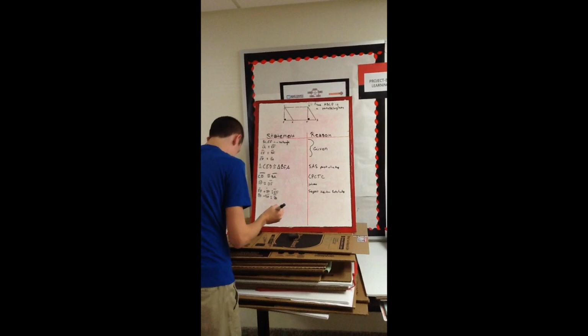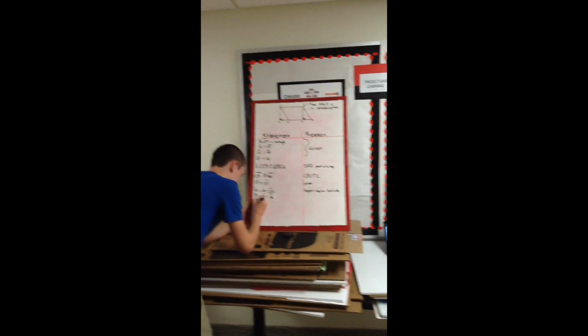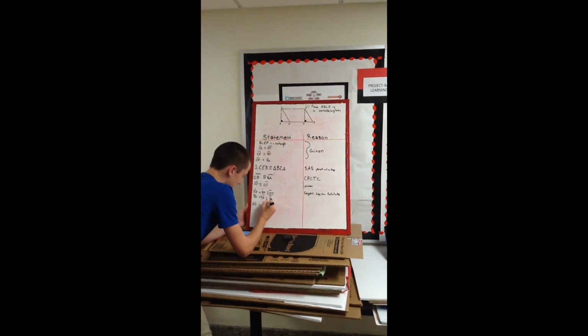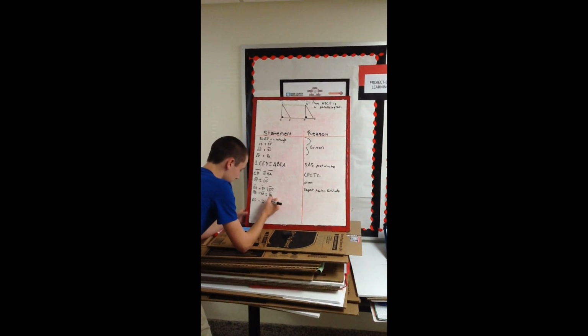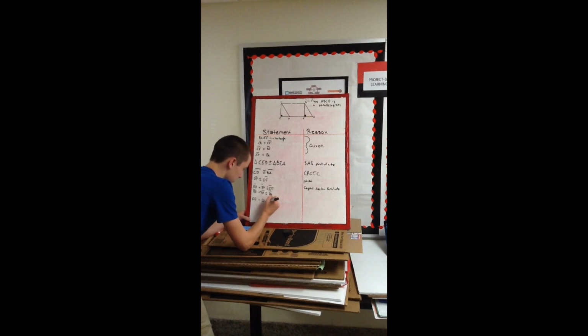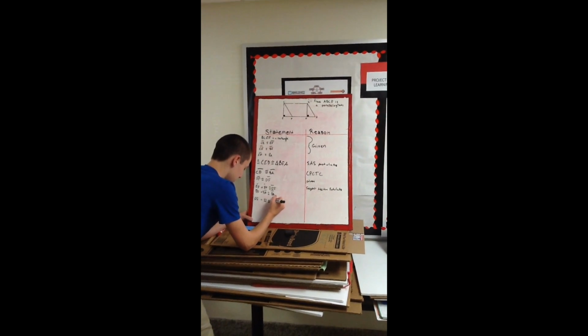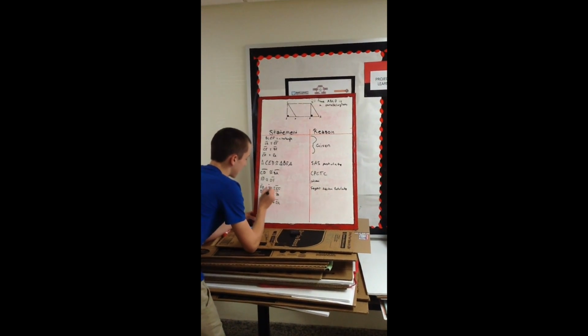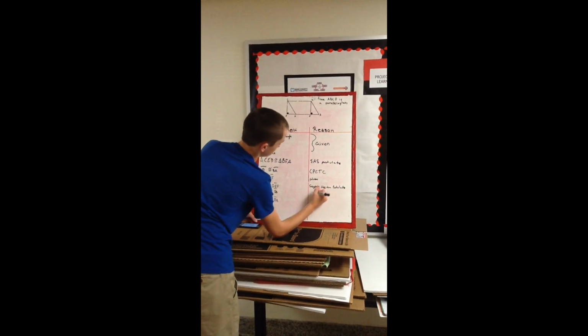Next we have line DF plus BD is congruent to line DA, because of substitution.